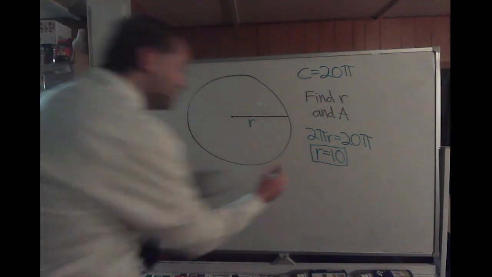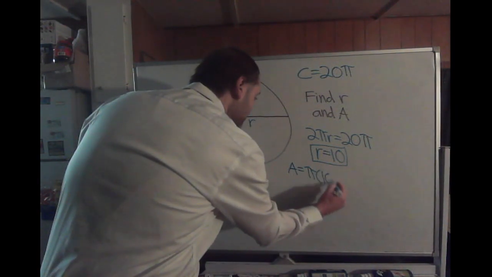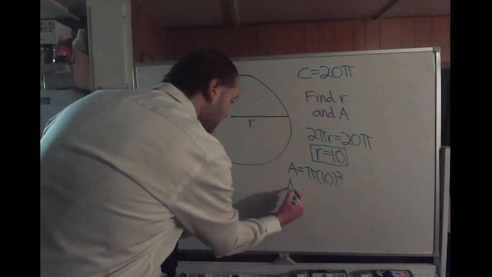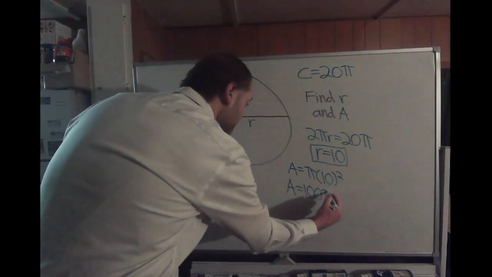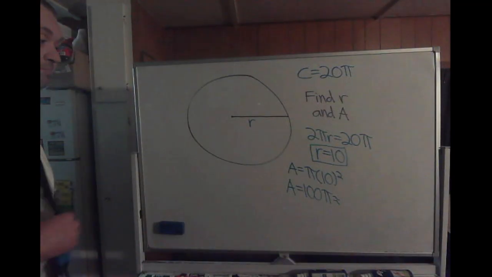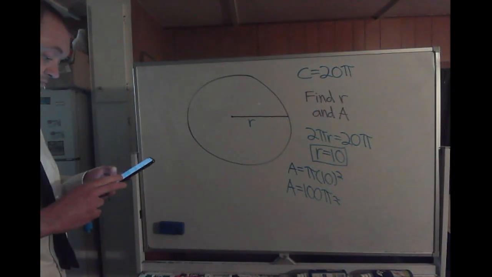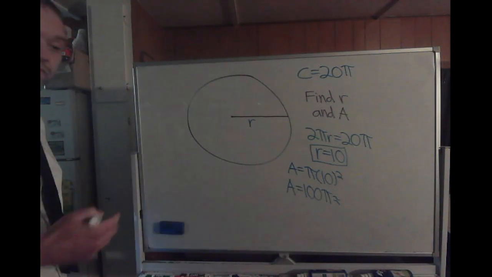Now we can find the area since we know the radius. The area, of course, is equal to pi times that radius of 10 to the second power, which would give you an area of exactly 100 pi square units. Then we can do a decimal approximation to 1 decimal place, will give you about 314.2.